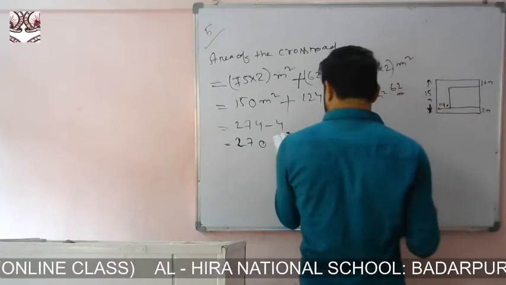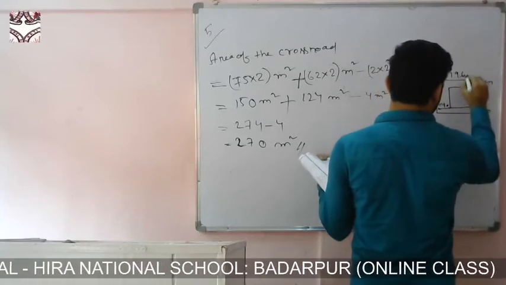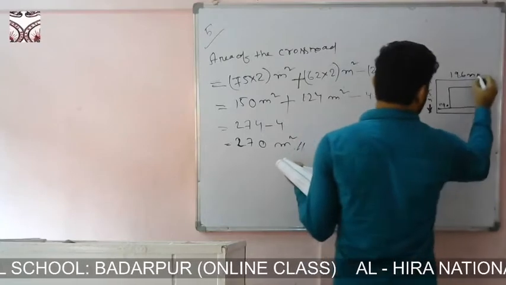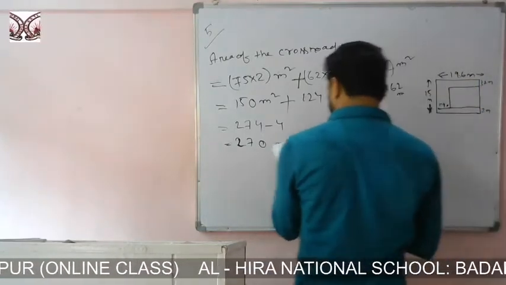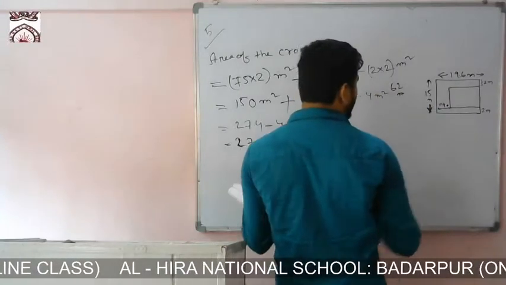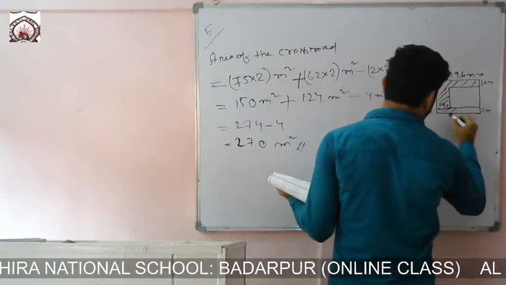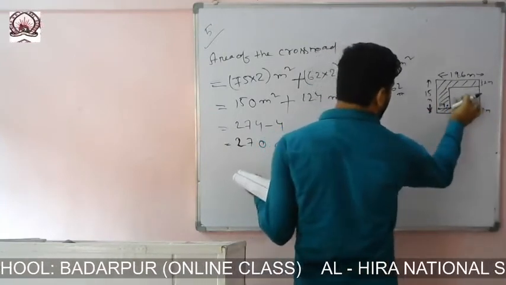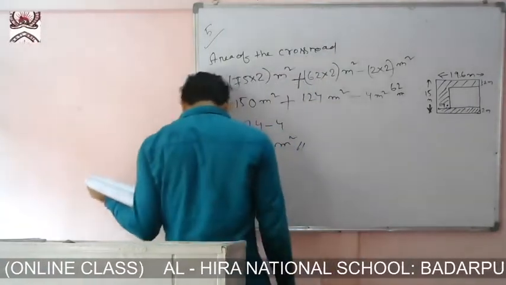And this one is 19.6 meter. Now we have to find the shaded portion. That means to find this portion, you just have to subtract this portion. So you see how to find.